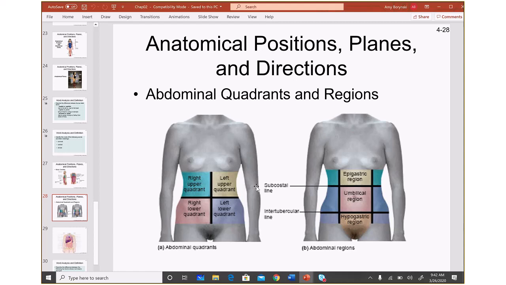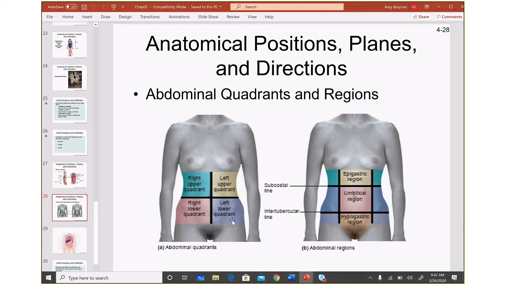Perfect. Okay, so that's patient right, patient left, right? So that's your patient's right upper side, their right lower side, their left upper quadrant, and then their left lower quadrant. Okay, so perfect answer. So this one we often abbreviate RUQ, RLQ, LUQ, LLQ, right?